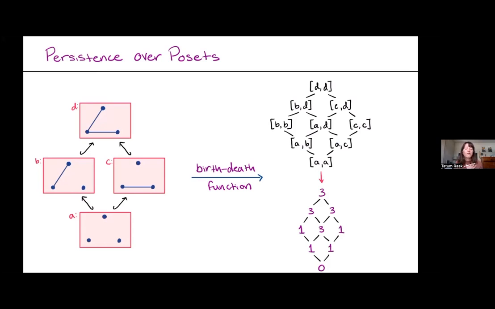I won't go through what the birth-death function does, but it captures the number of connected components that appear at or before your starting point in the interval and die at or before the ending point of your interval. And again, in order to get the persistence diagram, we are going to Möbius invert. Just like with our 1-parameter case, Möbius inverting, again think combinatorial derivative, is going to help us track the changes in this birth-death function. So it will describe precisely when these connected components appear and when they disappear.